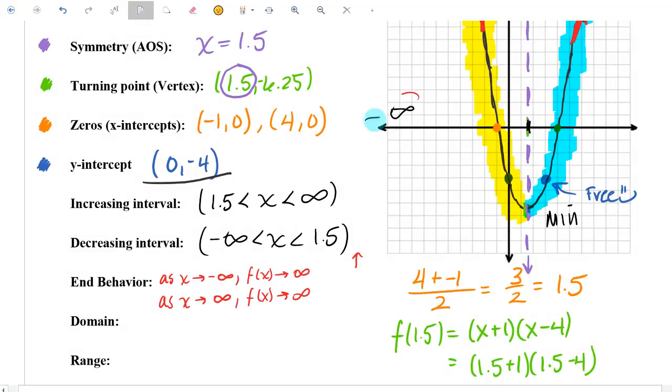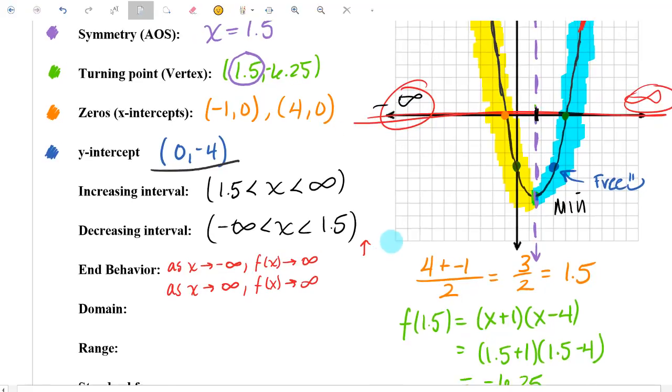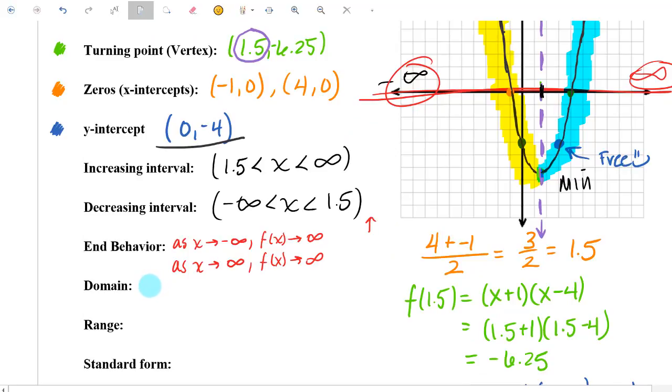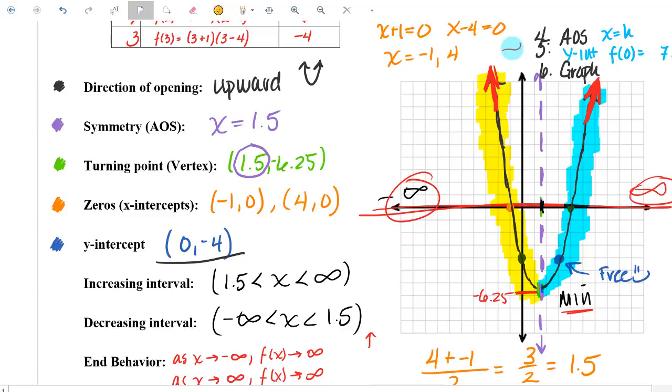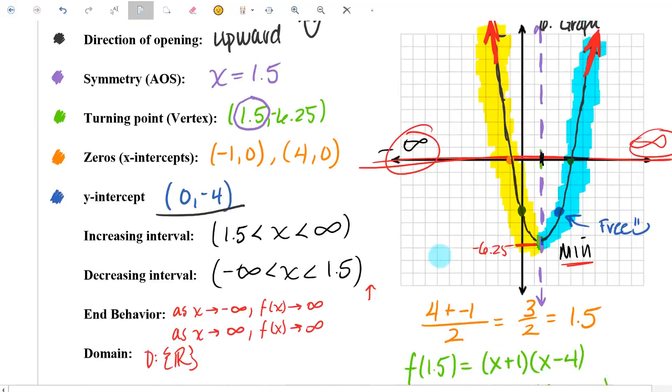Domain again, right? We're all the way from negative infinity to positive infinity. Domain is how far we can find it from left to right. So our domain, super easy, is going to be all real numbers. Our range, however, is going to include that minimum. So this y value right here, which was negative 6.25, is going to be our lowest point, and our highest point going up is going to be positive infinity.